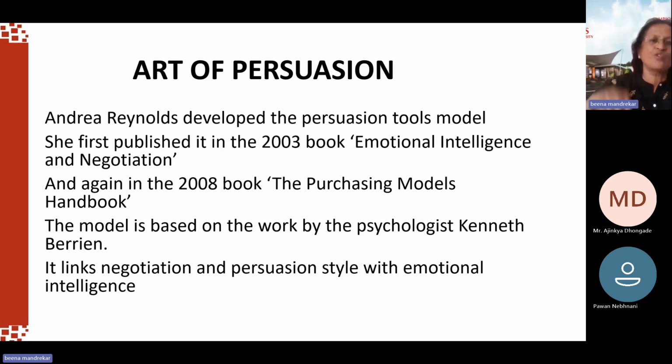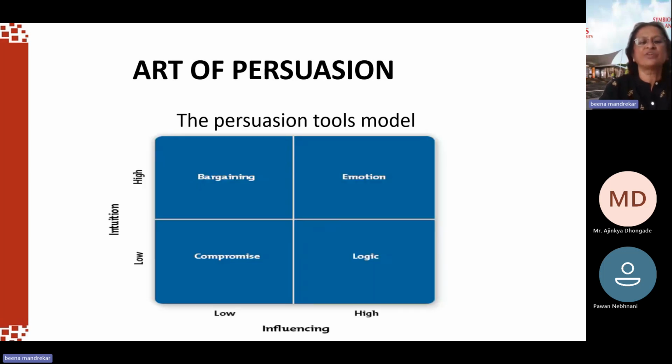So we finished those four simple rules of persuasion. Now we come to another book in which the psychologist Berrien talks about negotiation and persuasion. So here we go. The persuasion tools model.